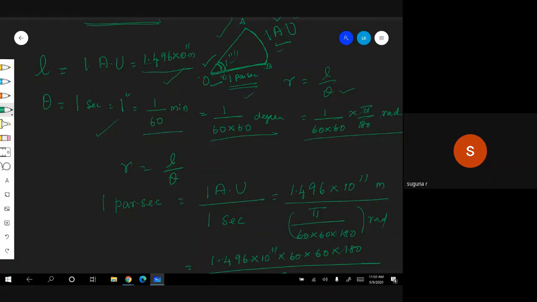That's 1 radian. Once again, 1 second. We have converted 1 second to radian afterwards. Why? Because we want everything in SI units.